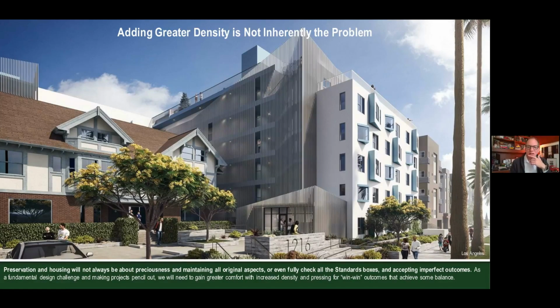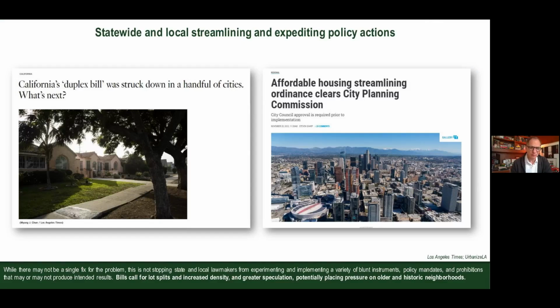And some of this is less precious preservation, imperfect preservation, trying to achieve the balance between some preservation and also adding more housing, especially when it's affordable housing. We don't always have the perfect outcomes, but that's part of what we need to look at when we're asking how do we increase density, increase housing, also allow for preservation and find those win-win outcomes. They may not look like perfect preservation.